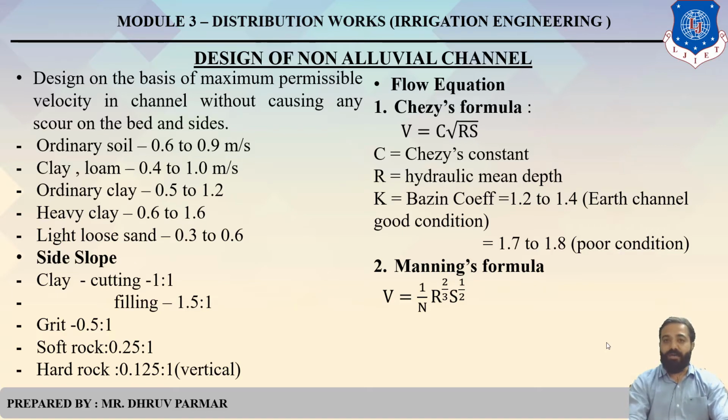For ordinary soil, the velocity for a non-alluvial channel is 0.6 to 0.9 meter per second. For clay, low 0.4 to 1, ordinary clay 0.5 to 1.2, heavy clay 0.6 to 1.6, light loose sand 0.3 to 0.6. All are in meter per second. Please remember that. So there are velocities according to the type of soil.